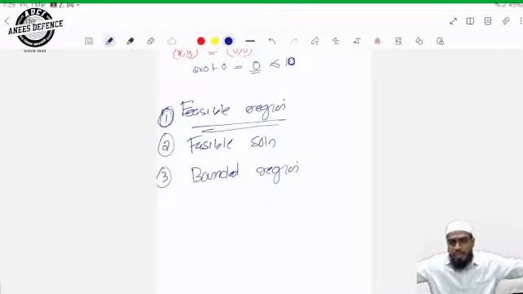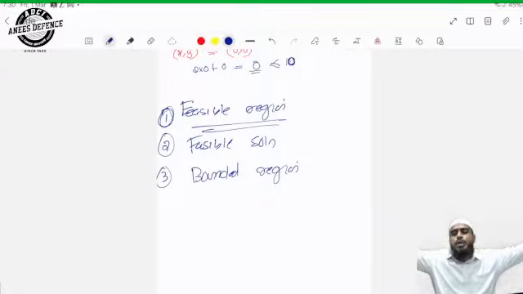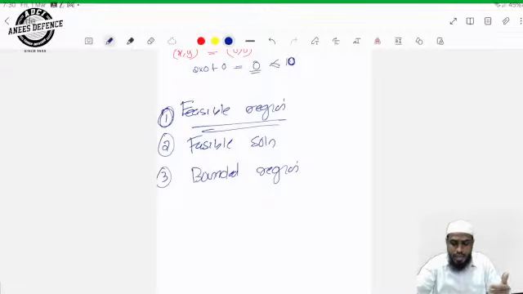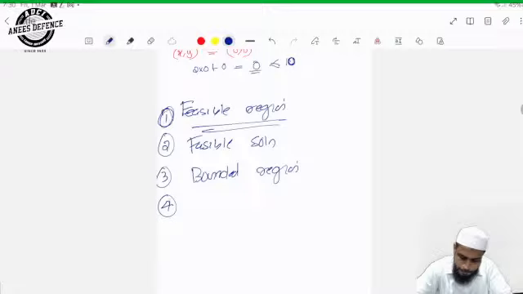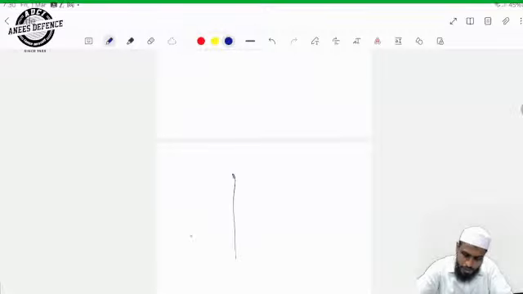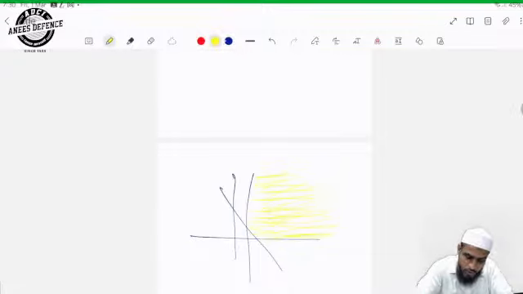If some portion is blocked by the lines, but the remaining portion is open to infinity, then we will call it an unbounded region. For example, if you are getting a solution like this, we know that this is a boundary, this is also a boundary.